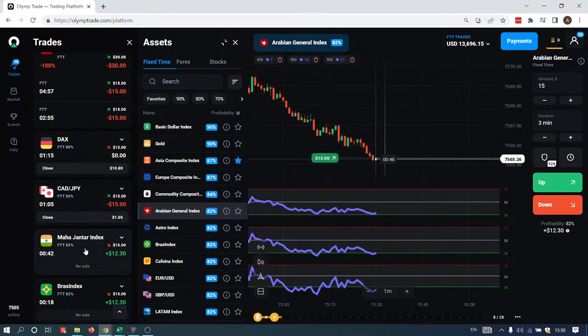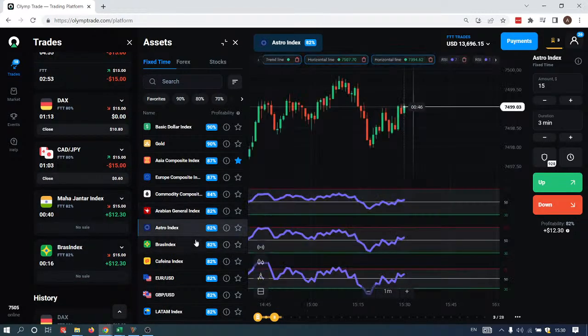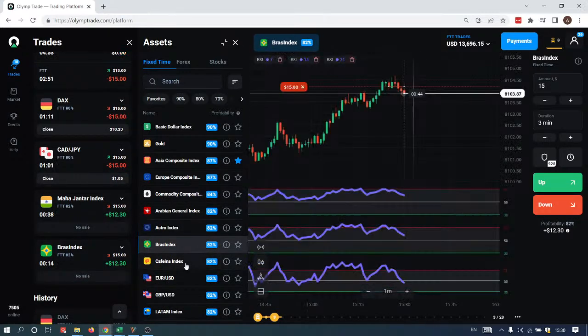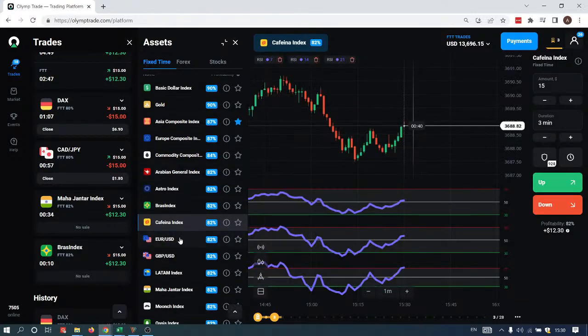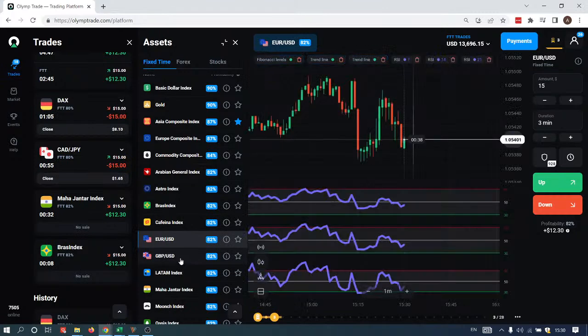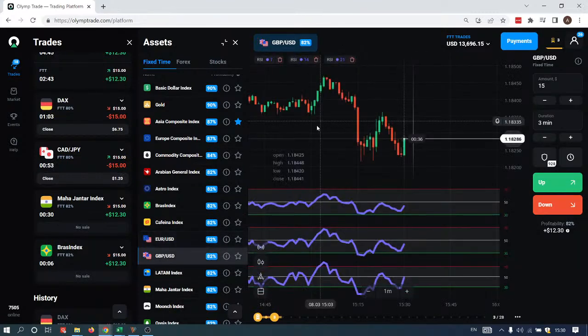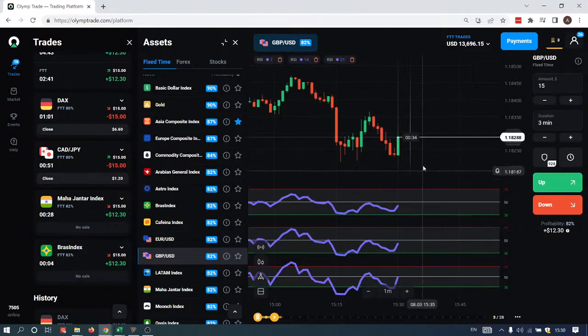The opportunities are endless. There are so many different ways one can apply these indicators.